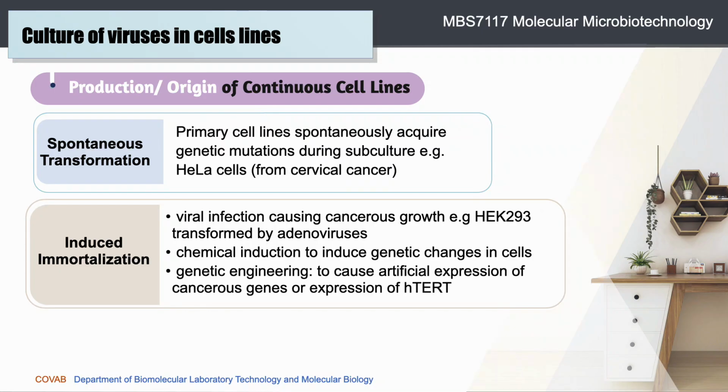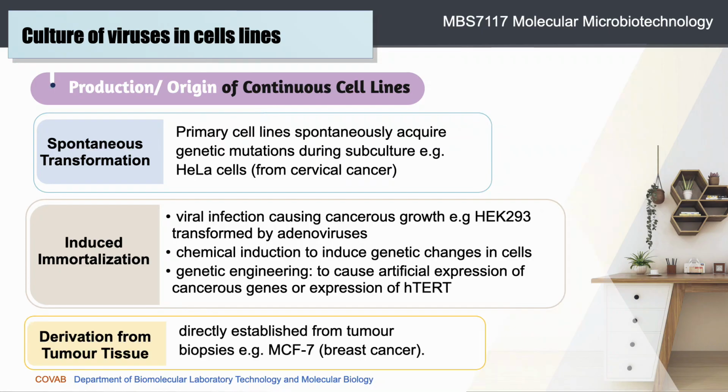We can use chemicals to induce the genetic changes in the cells, or we can also use genetic engineering to induce this immortalization, such as the use of oncogenes or expression of the hTERT gene in various cell lines.